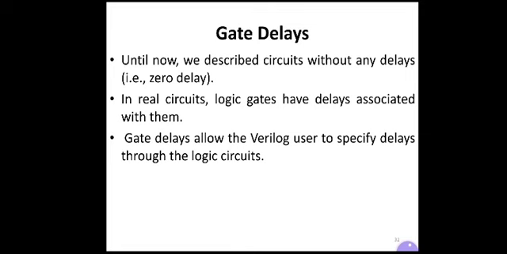So in real circuits, the logic gates or the logic circuits have delays associated with them. So gate delays allow the Verilog user, that is we, the users, to specify a particular delay through the logic circuits.